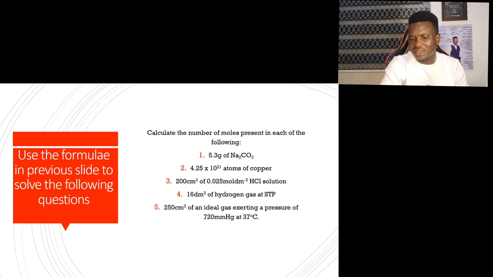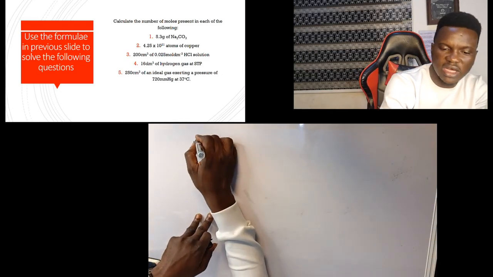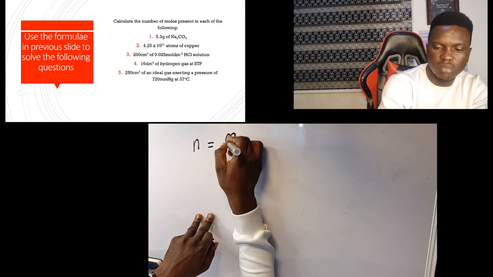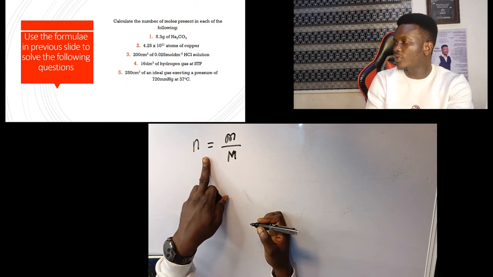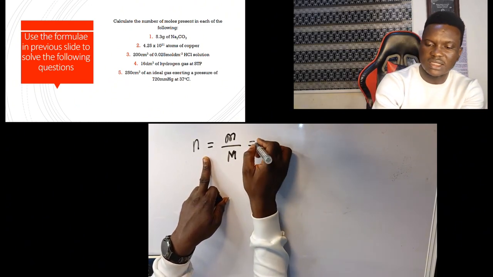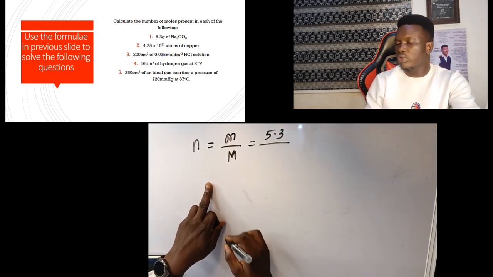Although in our first class, we looked at the molecular mass of Na2CO3 and we got 106, let's do it again. So now that you have mass, you're going to have that number of mole is equal to mass over molar mass. Now, the number of mole is for Na2CO3. So the mass is 5.3 gram all over the molar mass.